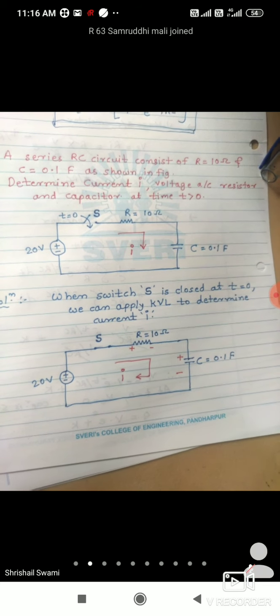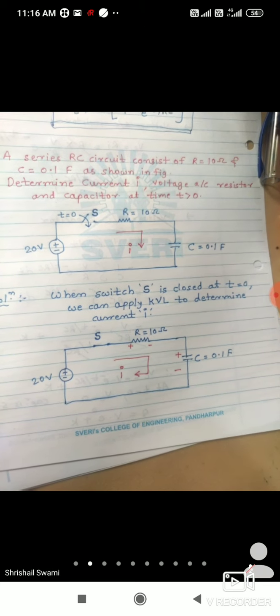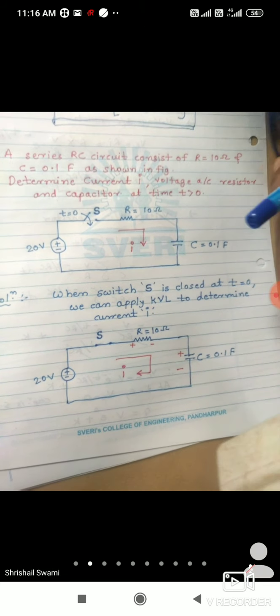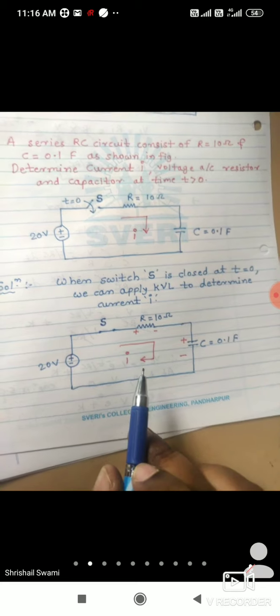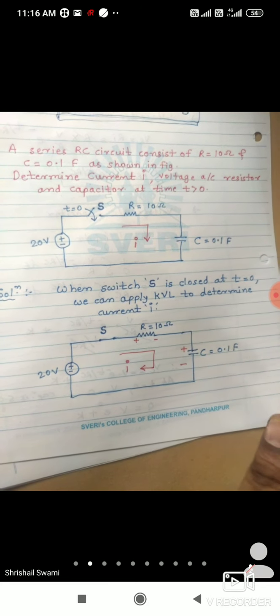We also have to find the voltage across the resistor and the capacitor, but before that we have to find the current I. So we can start to find the value of I. We already know how to apply KVL. Before applying KVL, we should know the polarity of voltage drop across each element present in that loop.